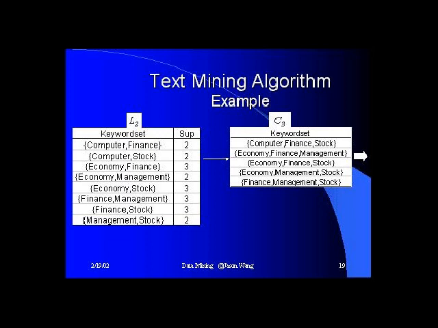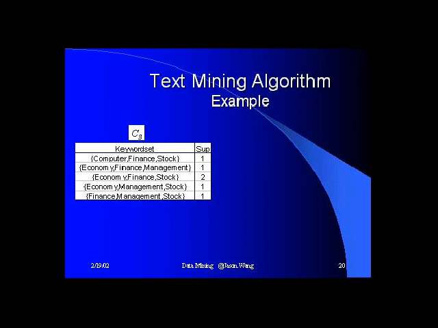For those 3 keyword sets whose support values are less than 2, I erase them because the condition is that I'm only interested in association rules with support greater than 1. So this one is gone, this one is gone, this one is gone, this one is gone.